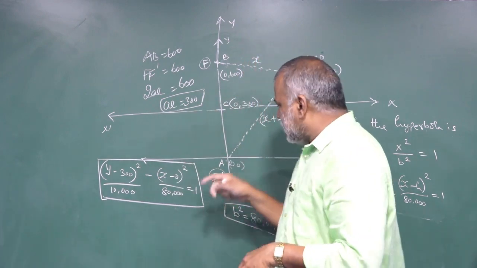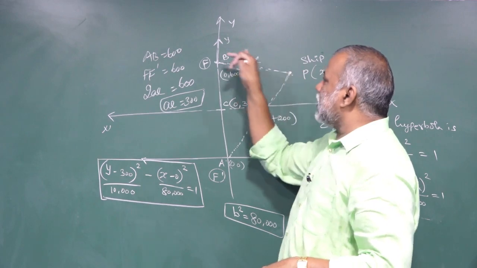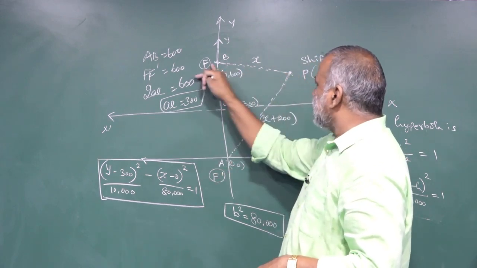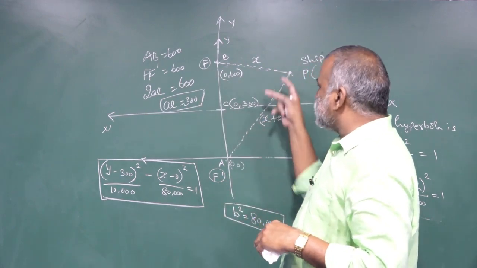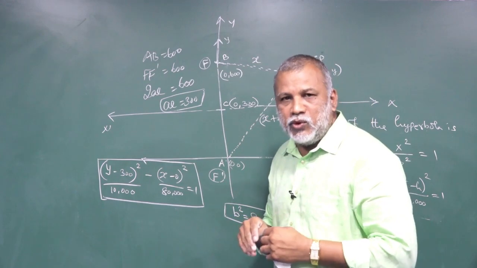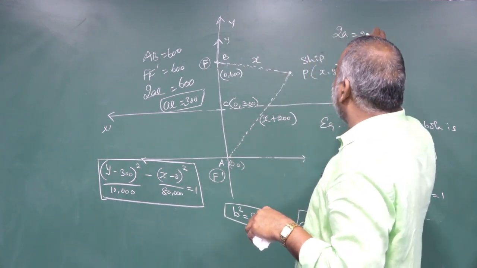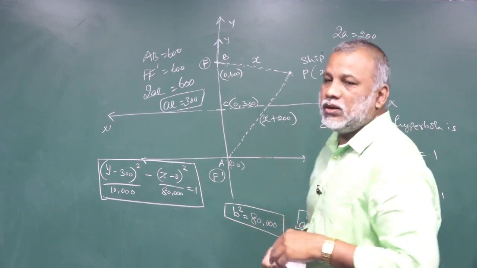After that, by using the focal property, F dash P minus FP equal to 2a. That means x plus 200 minus x, x will be removed. We can get 2a equal to 200. From that we are able to say a equal to 100. That is the second information.